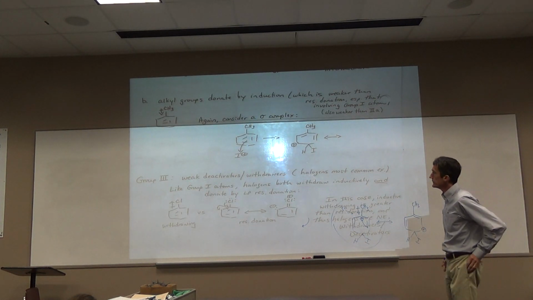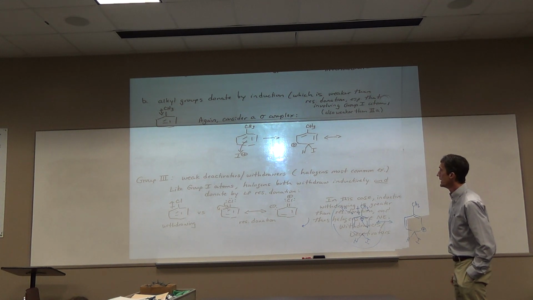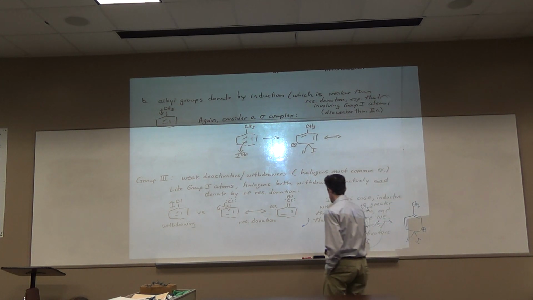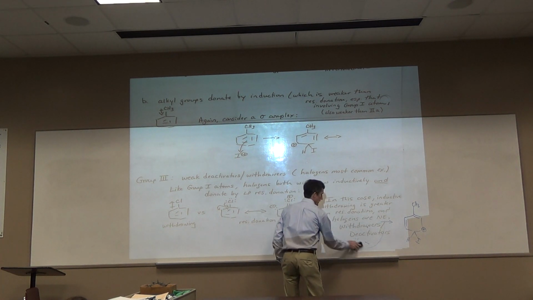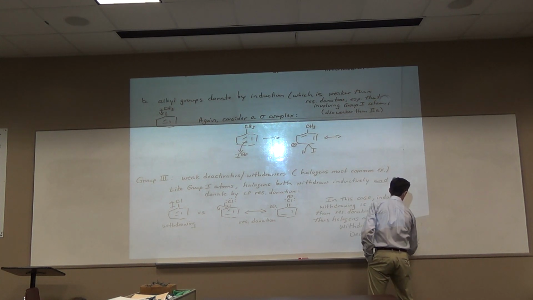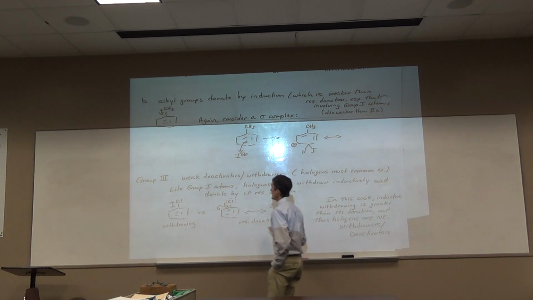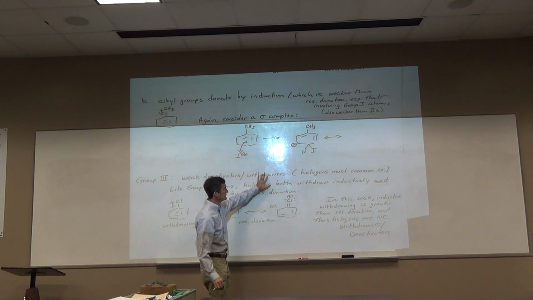Group 3. Group 3 are weak deactivators, withdrawers. Most common here is halogen. So when a halogen is on the ring, it's going to deactivate the ring, because they're net withdrawers.